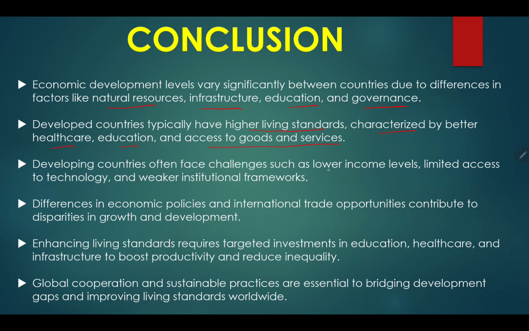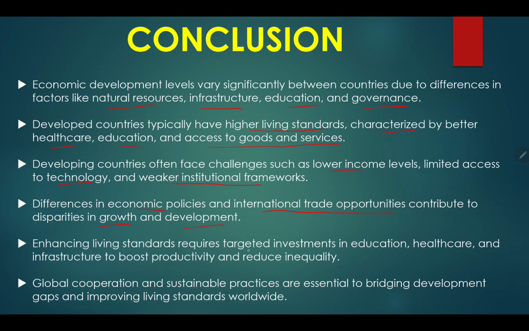Developing countries have lower income levels, less technology, and weaker institutional frameworks. Rules and laws are weak. Implementation is weak. Differences in economic policies and international trade opportunities contribute to disparities in growth and development.